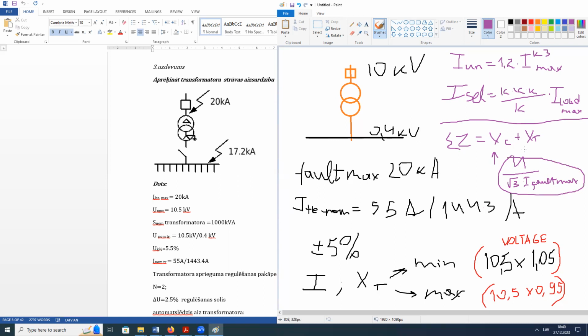For the transformer, you will have two resistances. Do I need to sum both, adding the minimum and maximum values, or can I take the maximum value?